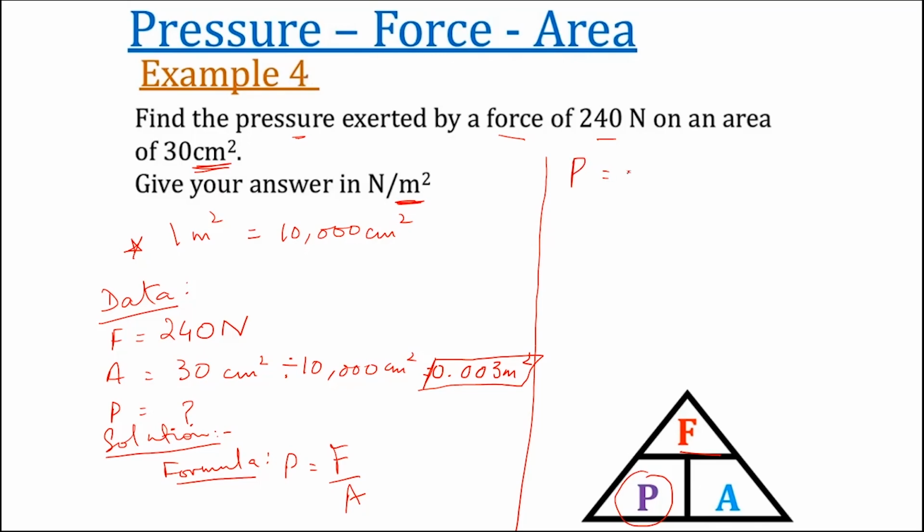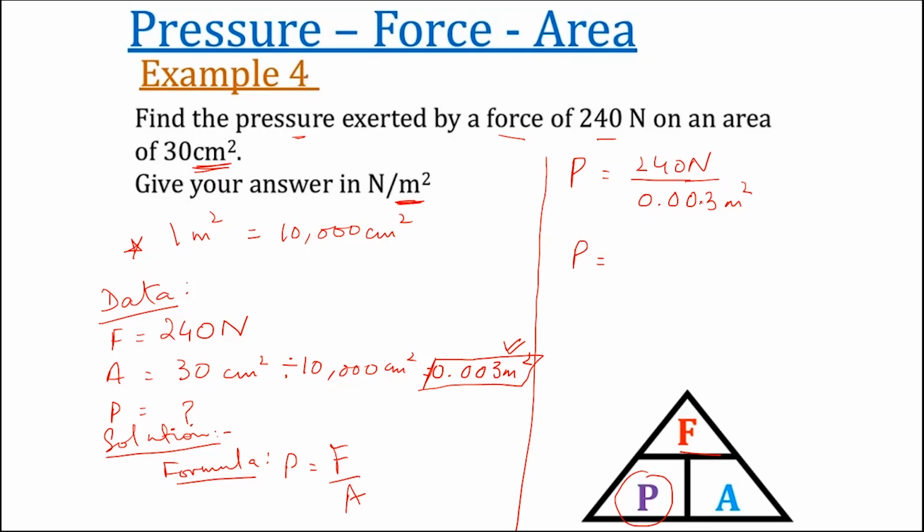Now we'll put the values. Force is 240 newtons. Area is, we will write this one, which is in meter square. So area is 0.003 meter square.